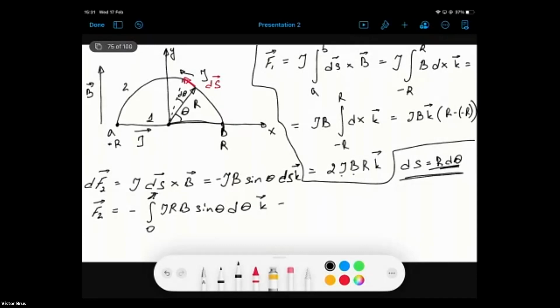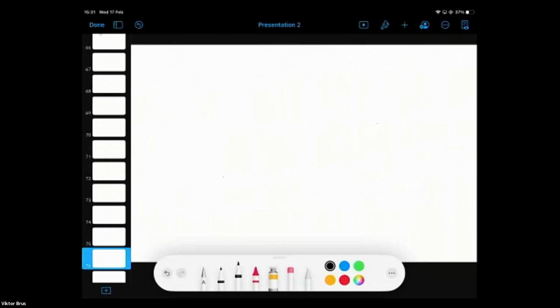So now we have constants out from this integral, and this k unit vector integral from 0 to pi of sine theta d theta. Let's go to another slide.